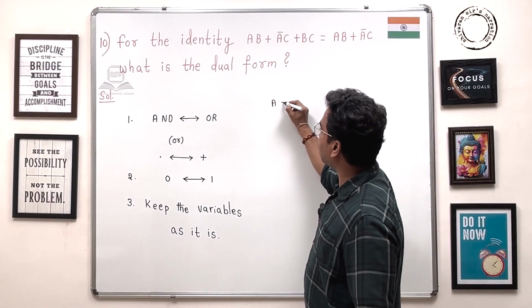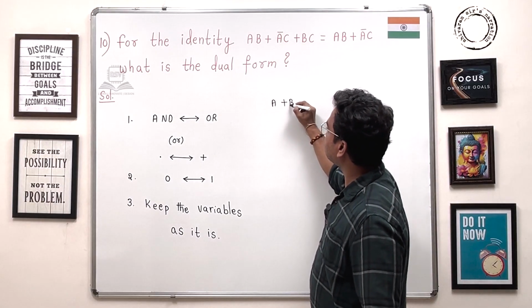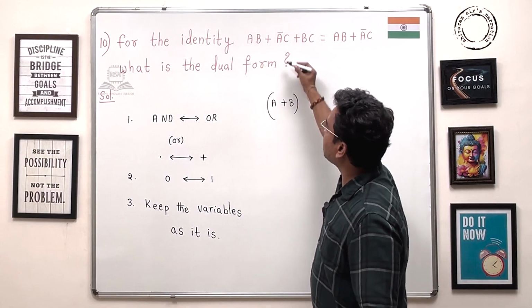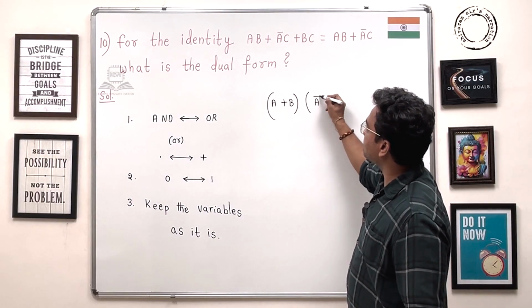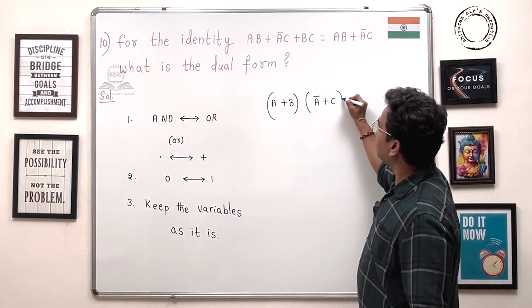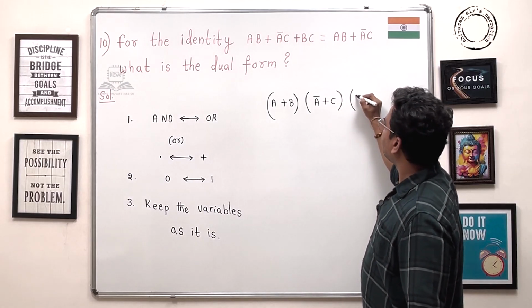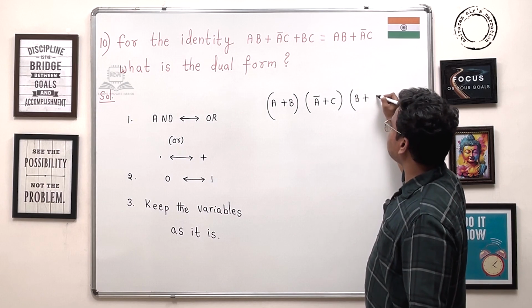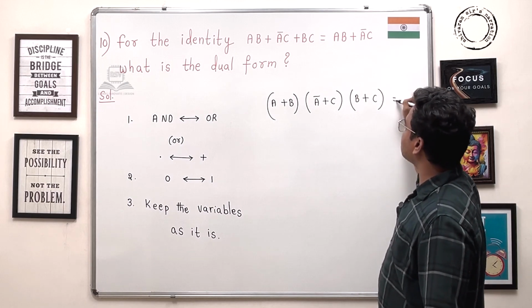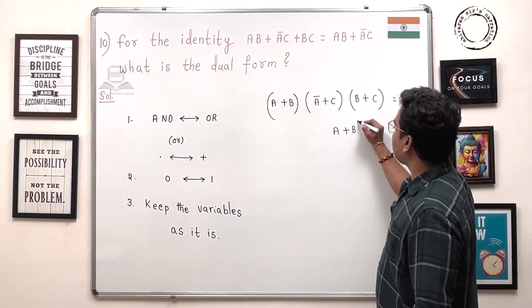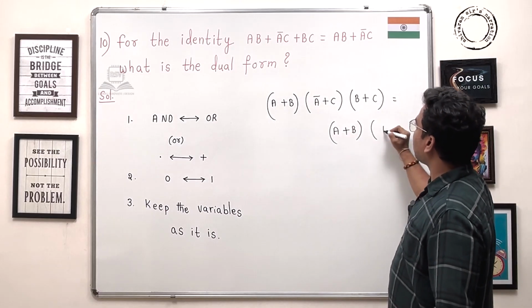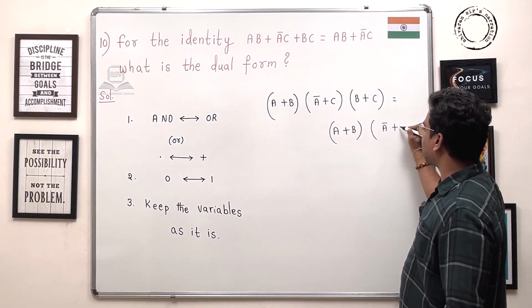A plus B, into, because plus is there, A bar plus C into B plus C is equal to (A plus B) into (A bar plus C).